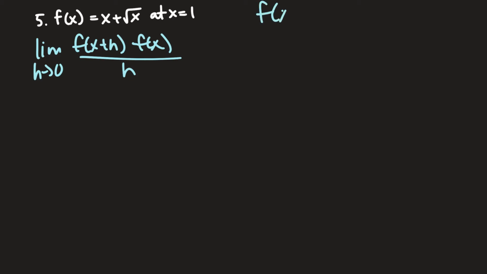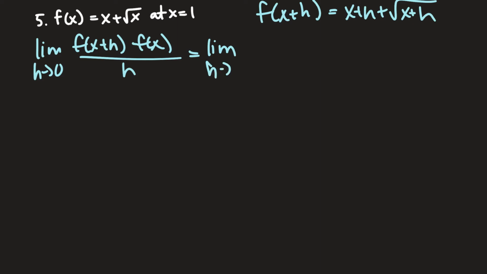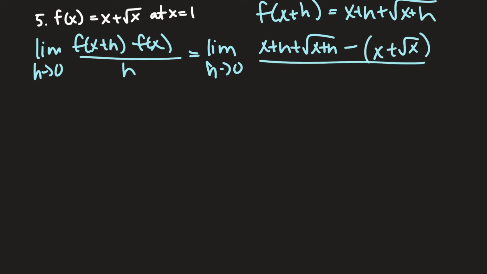So I'm going to have f of x plus h is equal to x plus h plus the square root of x plus h, okay? So I have then the limit as x approaches, see, that's what happens when you switch between formulas. As h approaches 0 of x plus h plus the square root of x plus h minus the quantity x and the square root of x all over h.